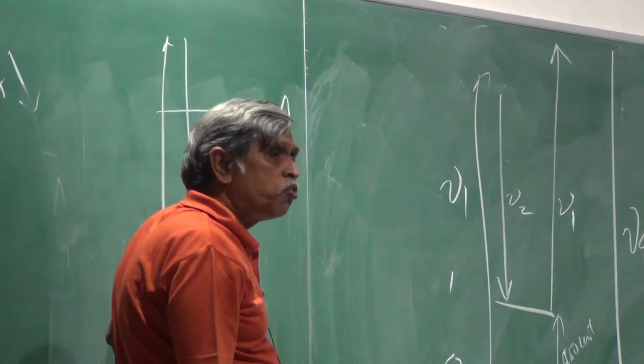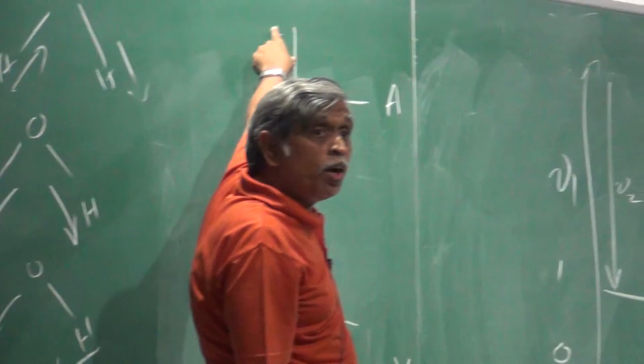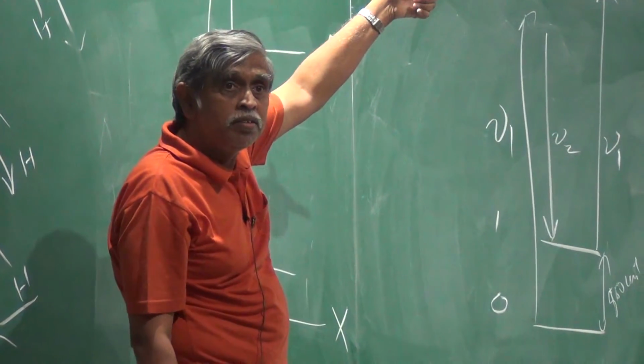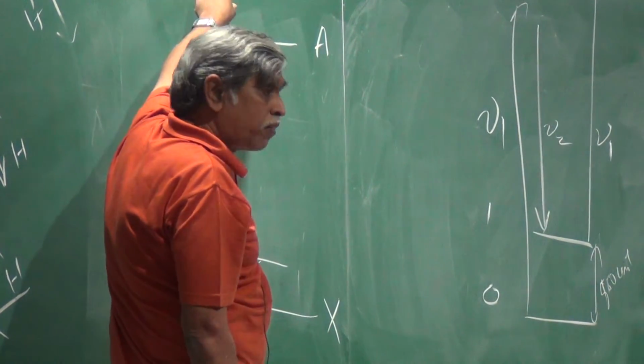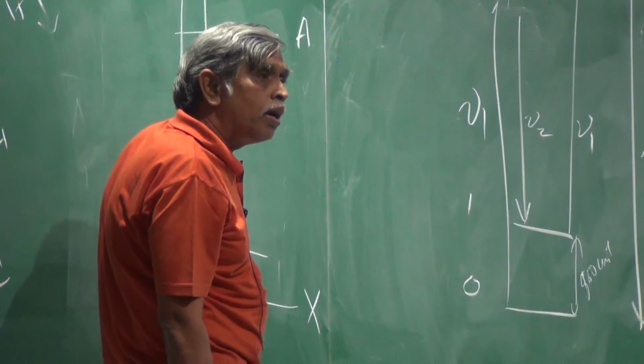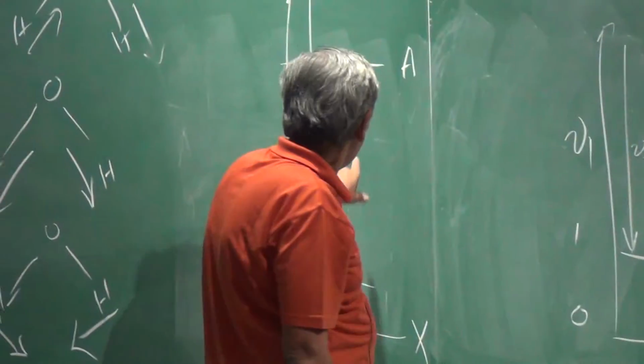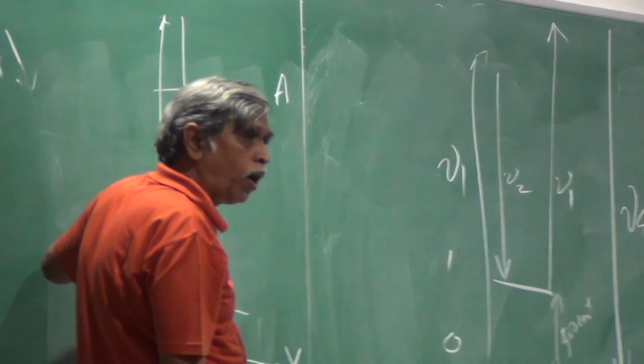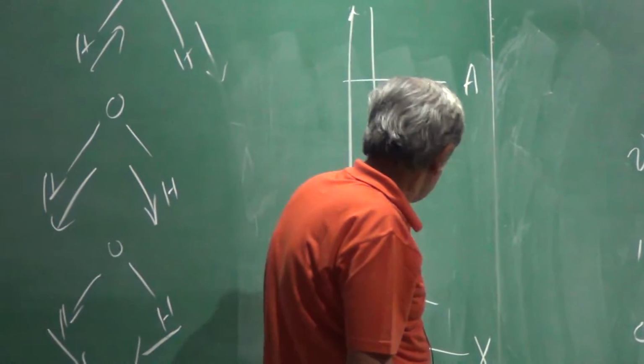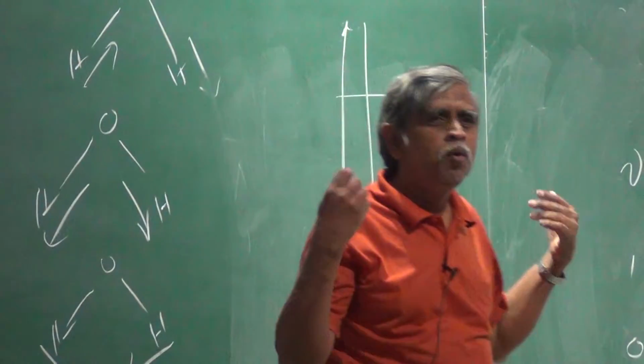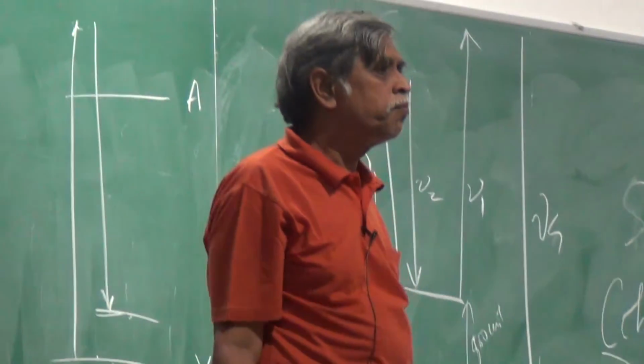When I take this frequency and I go up all the way, where am I going to? A virtual state. And where am I coming back from? A virtual state. I land up here. And what is the scattered frequency going to be? It's going to be mu s, by incidence of mu I, and mu I minus mu s must be this difference. And that's what I do when I do normal Raman spectra.